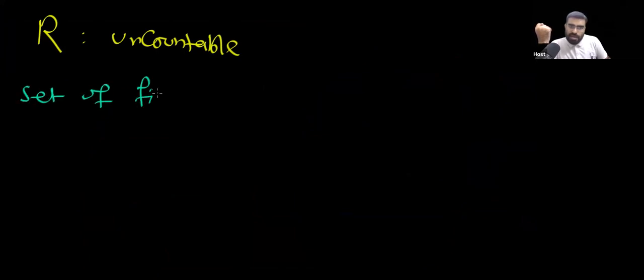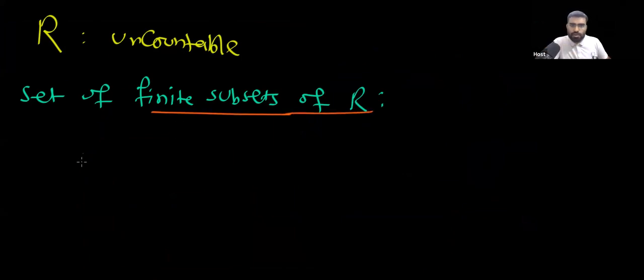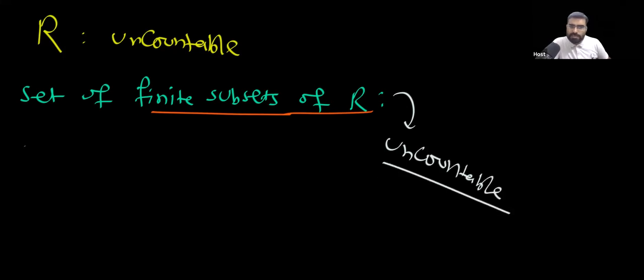Or you can take the real numbers. The set of real numbers is uncountable. Now if you take the set of finite subsets of R, that also will be uncountable, because you will have every finite subset.